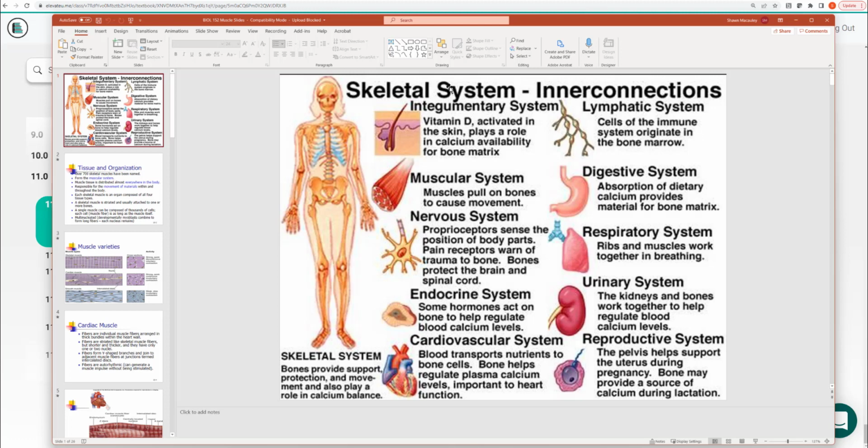Hematopoiesis is also a connection between the skeletal system and the cardiovascular system. The digestive system is absorbing the calcium from your diet that is necessary for bone strength. Your ribs are working to protect your lungs. And we understand too that the pelvic bones are protecting the reproductive organs. These are just a few examples of how systems connect to each other.